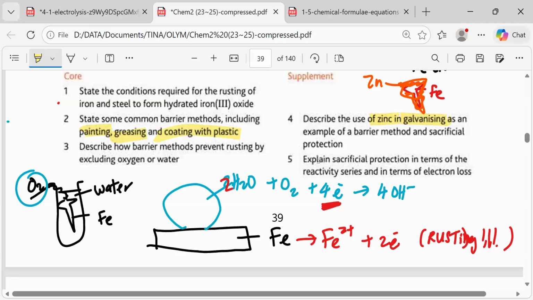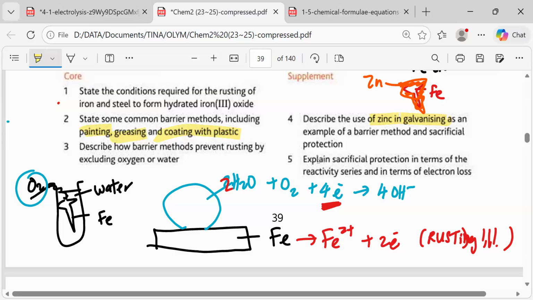Is zinc more reactive or less reactive than iron? More reactive. So, who wants to release electron more? Zinc or iron? Zinc.